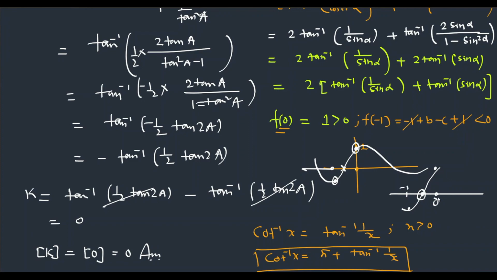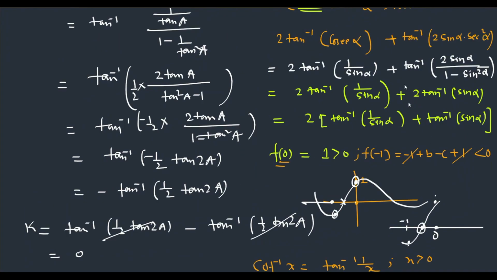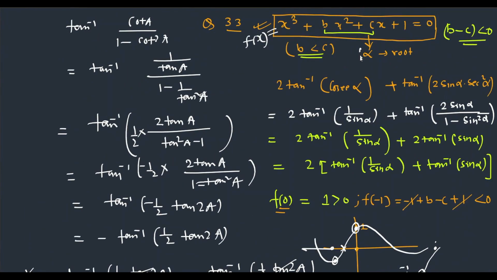Now this idea is clear. At -1 the curve is negative, at 0 the curve is positive. That means between -1 and 0 your polynomial cuts the x-axis at least one time, and the given condition is that you have only one real root. So that means your curve cuts the x-axis only one time and both other roots are imaginary.